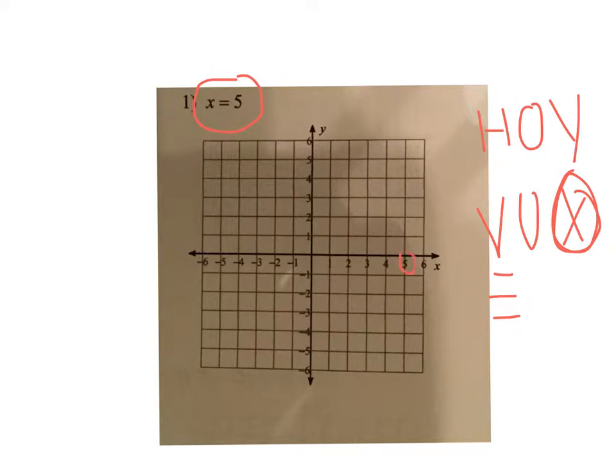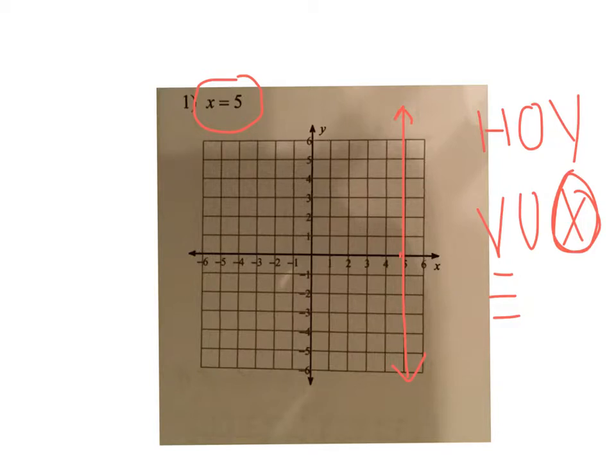It's right here. And so what we want to do is draw an up and down line, a vertical line, to that red dot that I just had, right there. So that is the equation x equals 5.